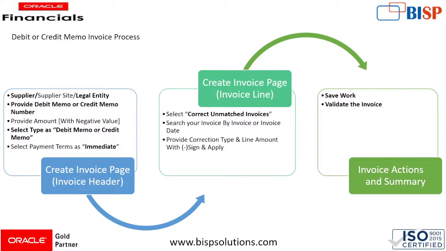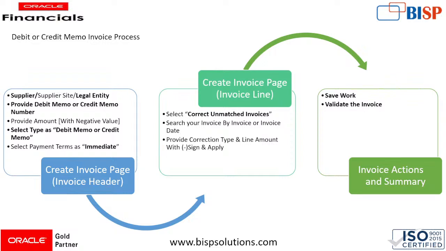Then we select the type as debit memo or credit memo, as the case may be, and select the payment terms as immediate, which is very important. The payment terms should be immediate, right?